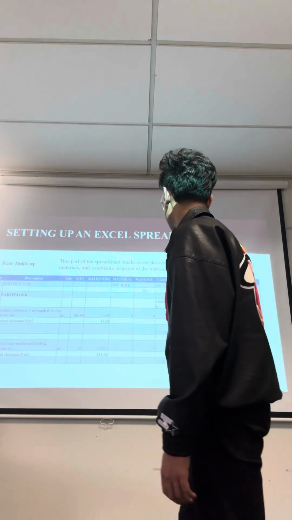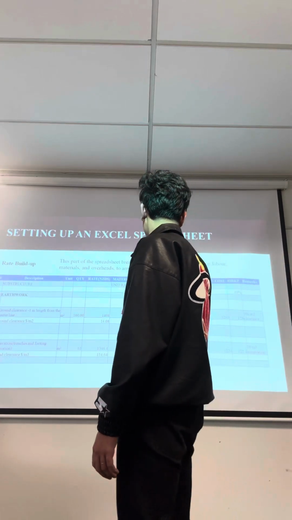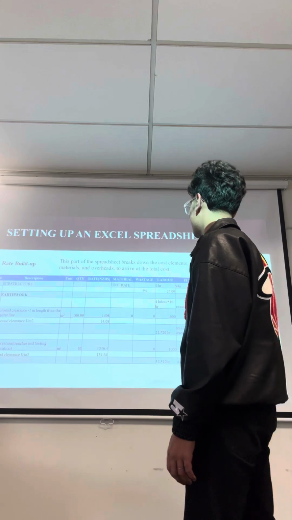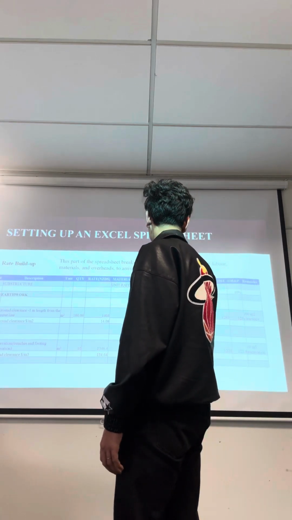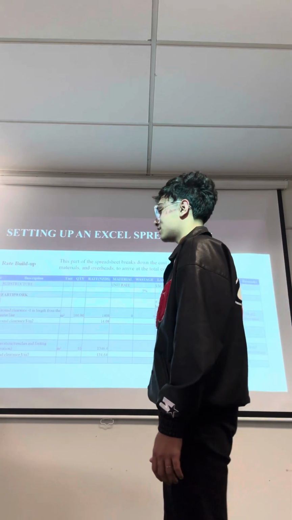As you can see, there are many items inside the table like description, unit, quantity, rate, material, wastage, labor, plant, dry cost, OH and P.